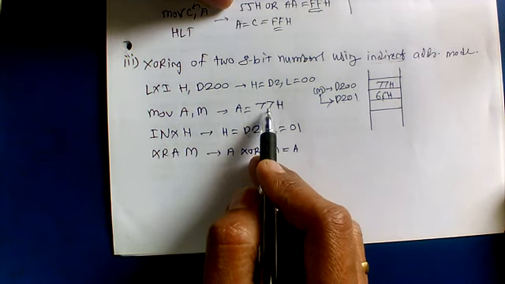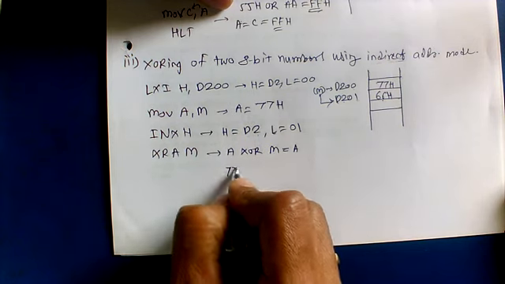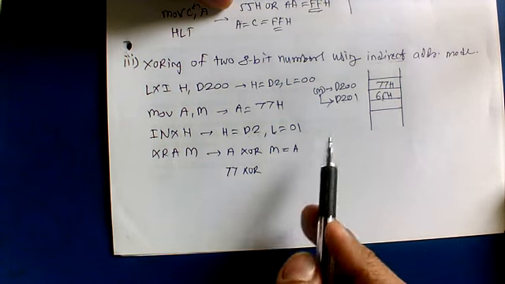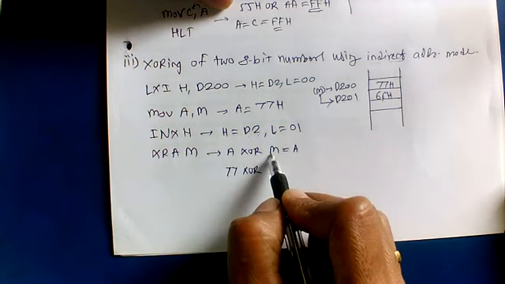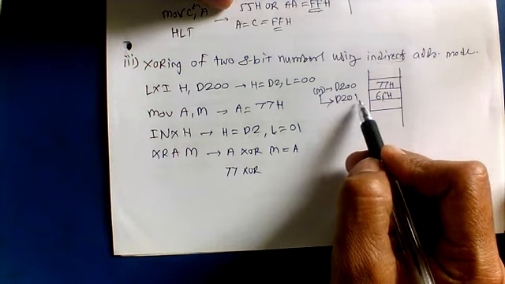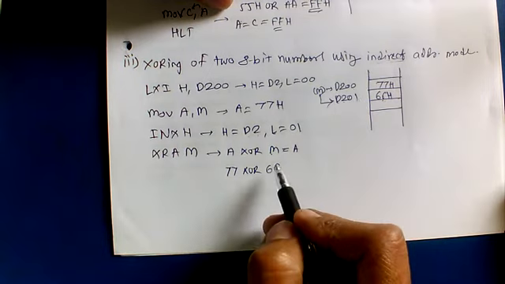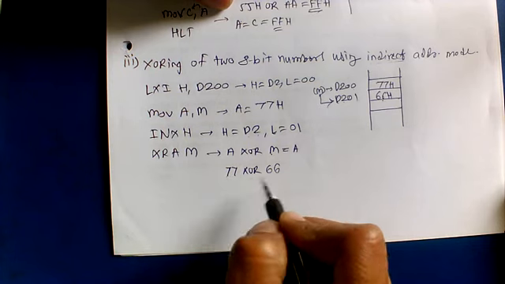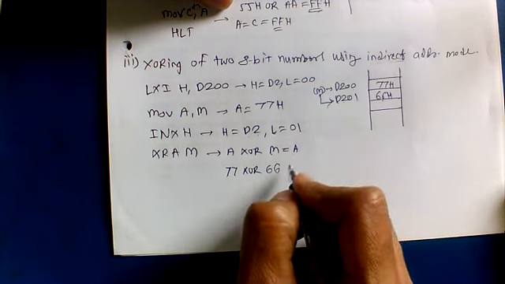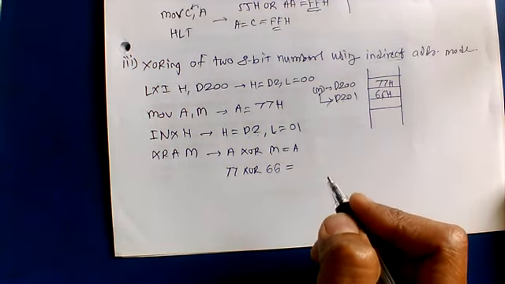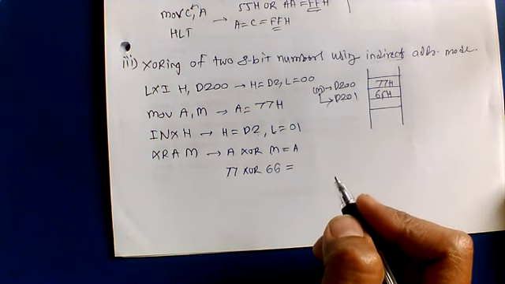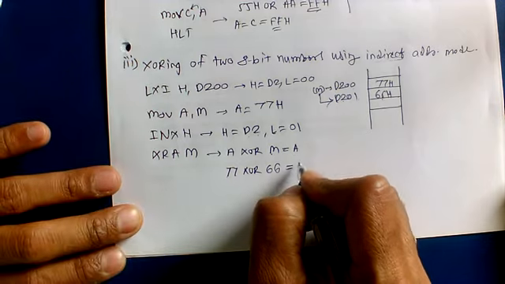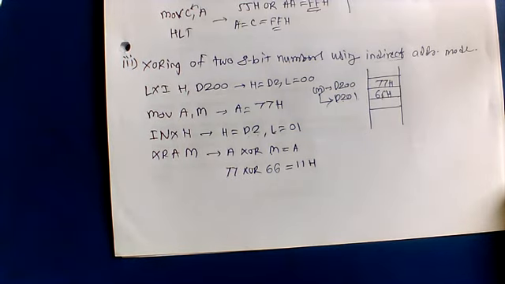Right now in the accumulator we have 77H, XORed with the memory pointed content, that is 66H. M means HL pointed content. So 77H XORed with 66H, and the result you will get in the accumulator. So in the accumulator you will get 11H.